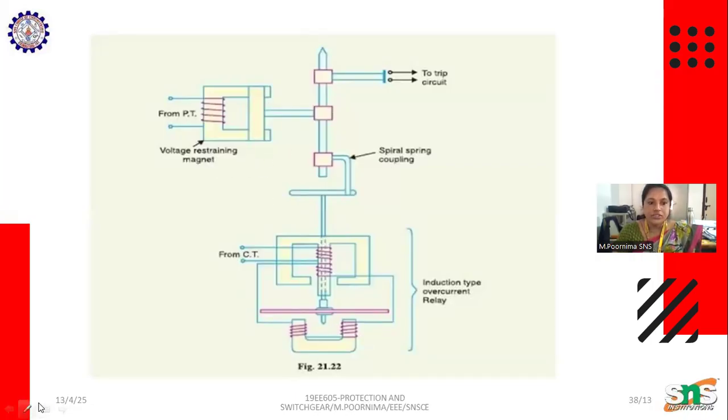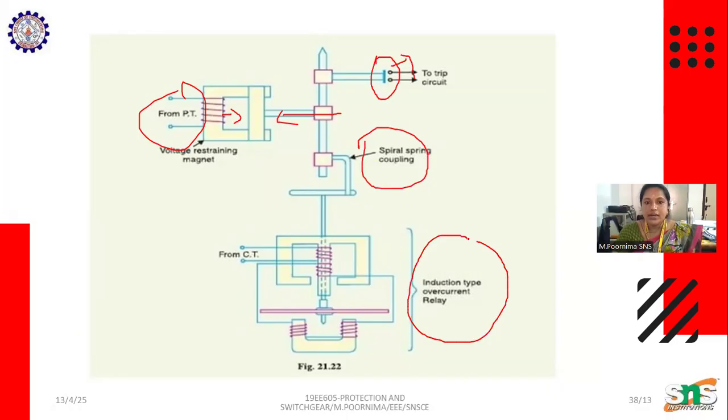The operation is from the potential coil, which gets energized and trips. The current coil is energized, and we have a spindle that moves and finally trips the circuit. In the induction over current relay, this energizes and rotates, spring coupled, and finally trips the circuit. Okay, this is the relay.